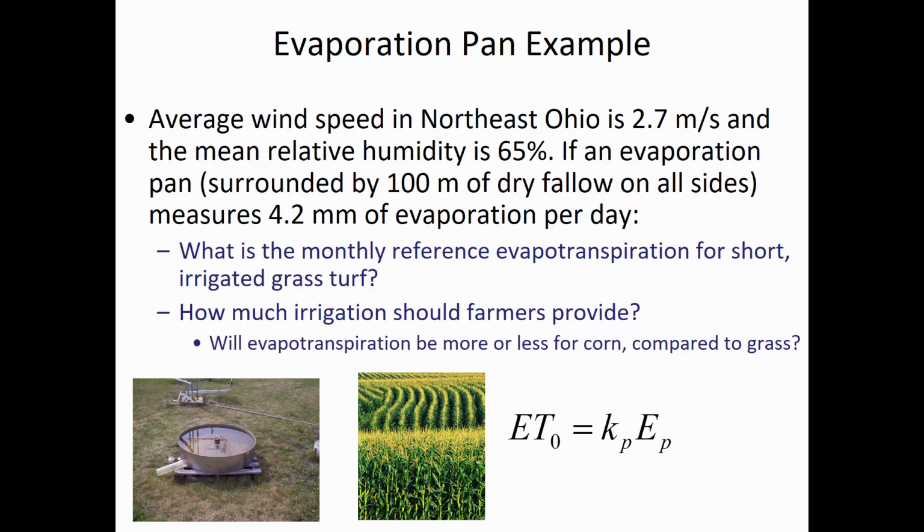Okay, so the pan in this case is surrounded by dry fallow, and we want to know what is the correct K value to use.